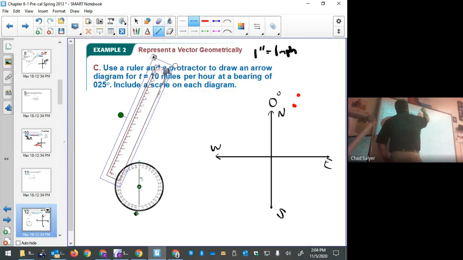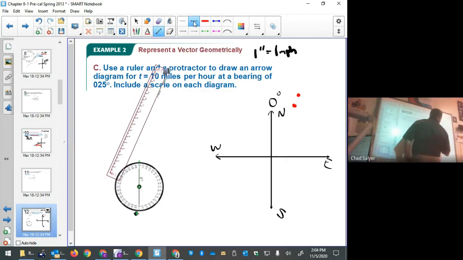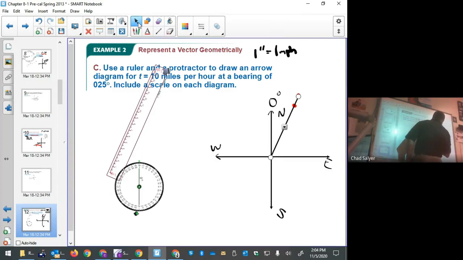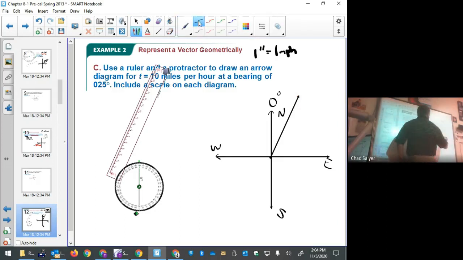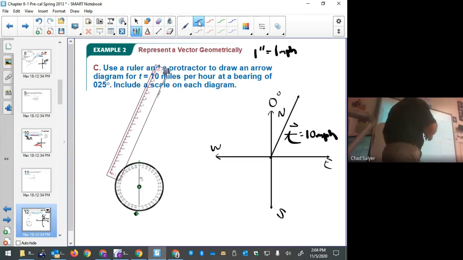And I need a vector to land on that point. Erase those points. And that is the representation of vector t, 10 miles per hour. That'd be a very fast jog or a slow sprint. Maybe a lineman sprint.